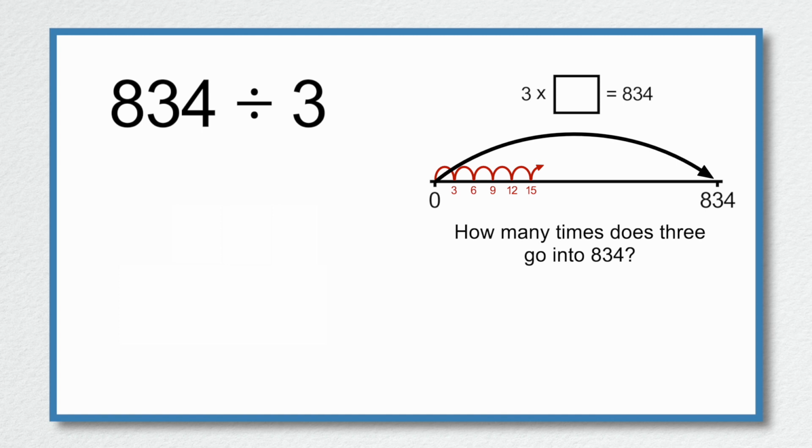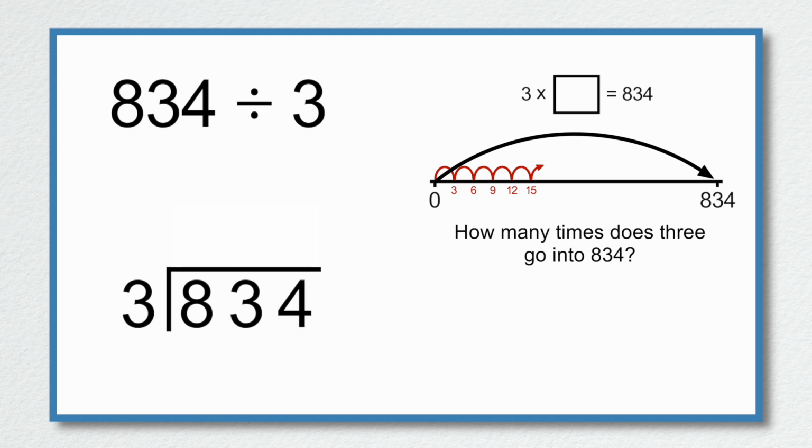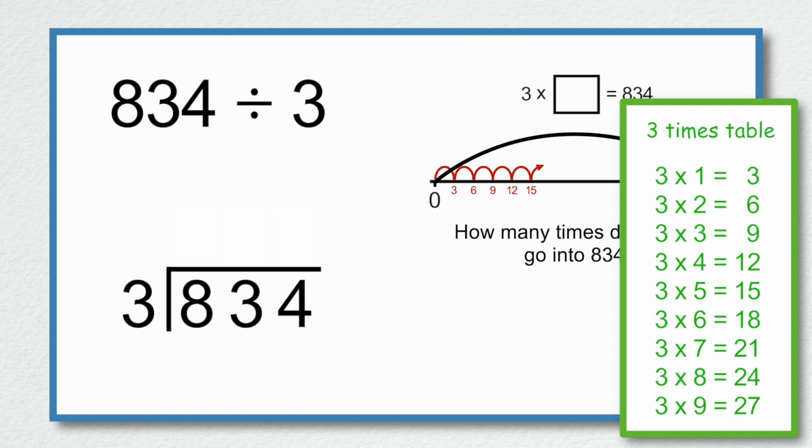Now, whether you're doing the long or short method, this is how you set the problem out. Because we are trying to work out how many 3s there are going into 834, we need to be thinking about the 3 times table, or basically multiples of 3. Well, here are some multiples of 3.